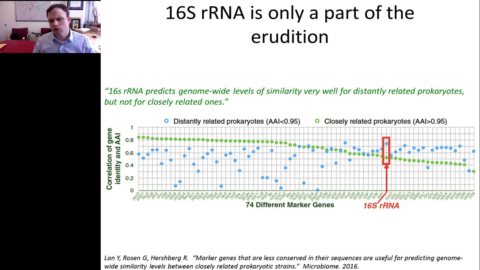You can see 16S RNA is something you wouldn't pick today if you were to pick a marker gene from scratch that you could use in bacteria and archaea. It's an okay marker for distantly related prokaryotes, but not really at all for closely related ones.